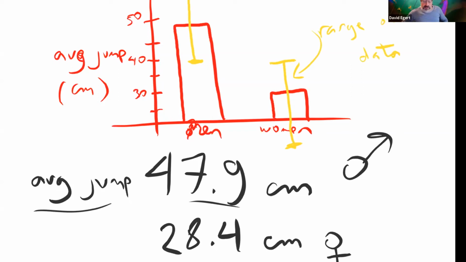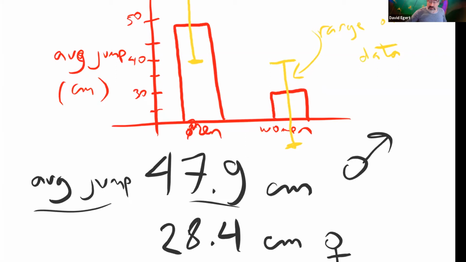If I'm looking at this, it tells me that on average, men seem to jump higher than women. Just from my gut, looking at this, I could do the more formal statistical analysis, but just from looking at the differences in the averages and the clustering of the data around the averages, I think there's probably something real going on: in general, at least with the samples we're looking at, men on average jump higher than women.